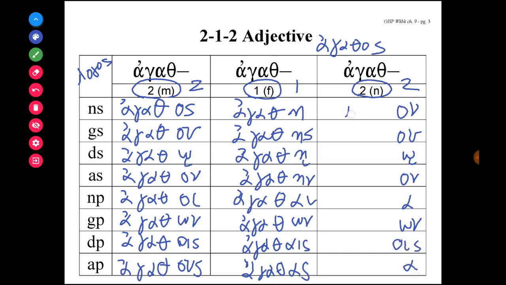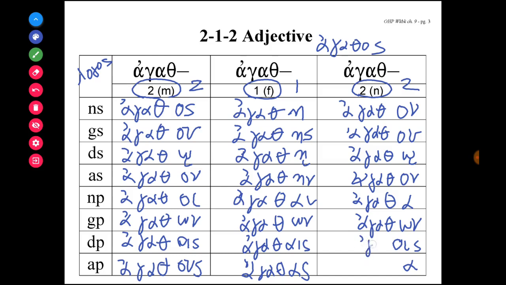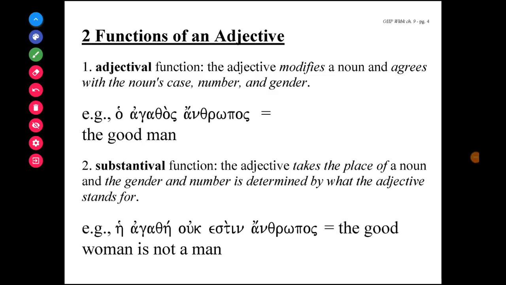And if I were to write this out, it would be agathon, agathu, agatho, agathon, agatha, agathon, agathois, and agatha. Now that we learned the form of the adjective, let's see the two functions of the adjective.